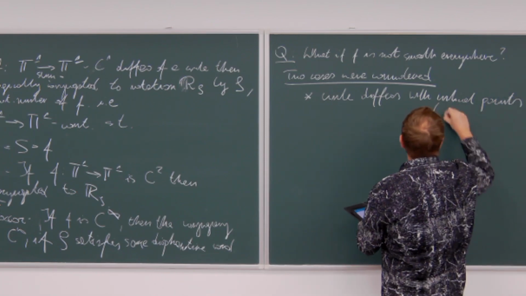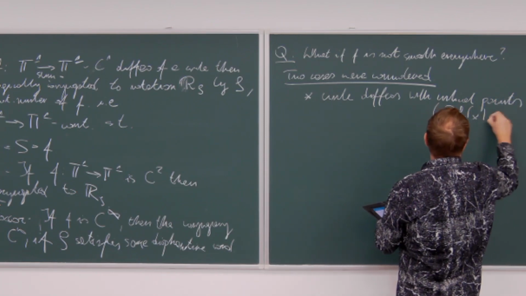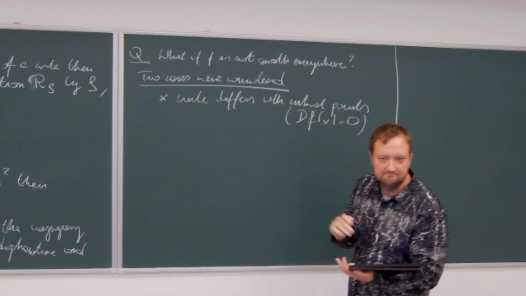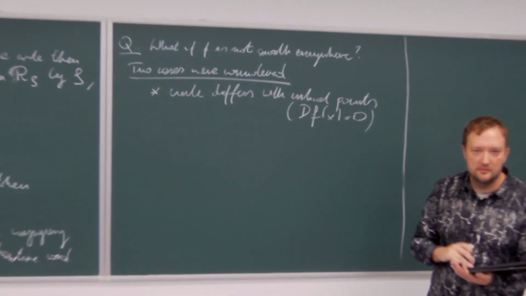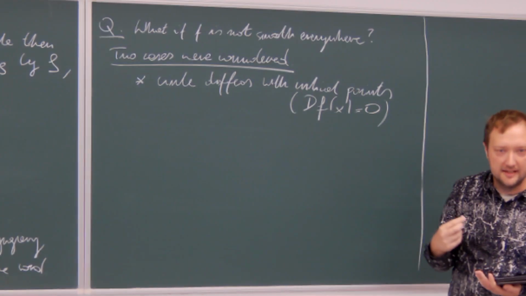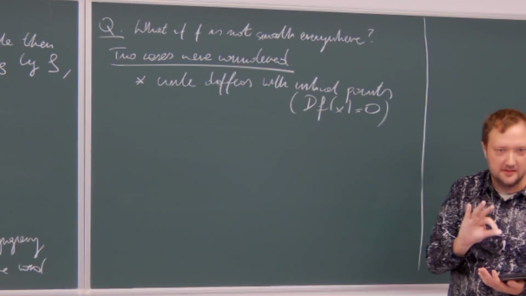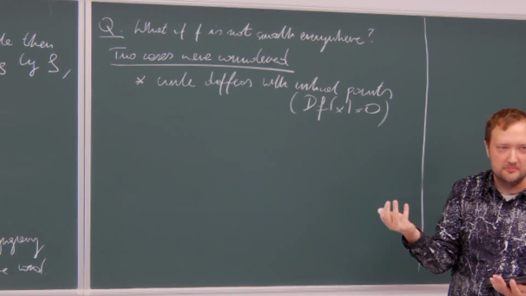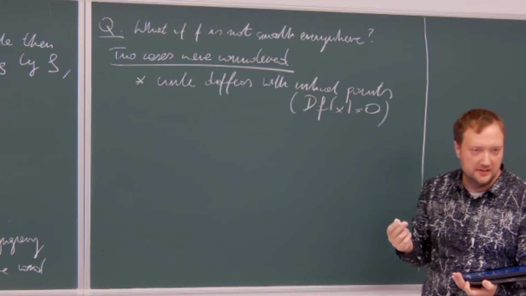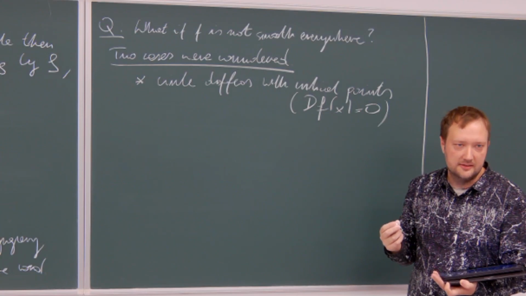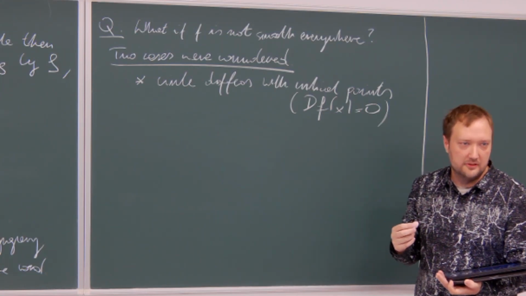Critical points, meaning the derivative vanishes somewhere. So it is a homeomorphism, but a diffeomorphism except at these critical points. Exactly. So the inverse of this transformation does not necessarily have to be differentiable at this point.